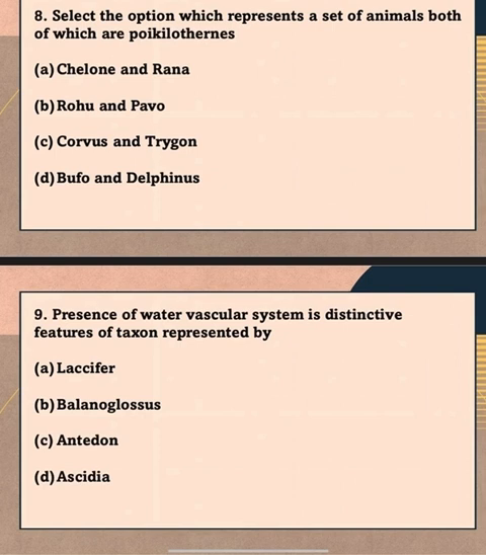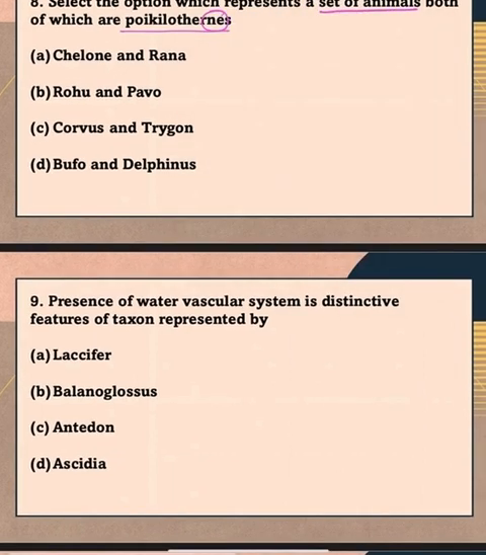Now the 8th question. Select the option which represents a set of animals, both of which are poikilotherms. Poikilotherm means organisms which cannot maintain the body temperature constantly. The temperature changes according to the environment temperature.